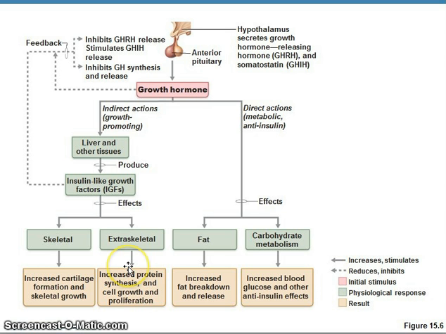You'll get protein synthesis and cell growth in your muscles. The insulin-like growth factors and growth hormone will then both feed back negatively on the hypothalamus and stimulate the production of GHIH, growth hormone inhibiting hormone, which is going to inhibit growth hormone release.